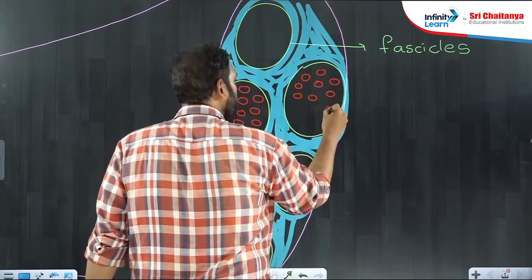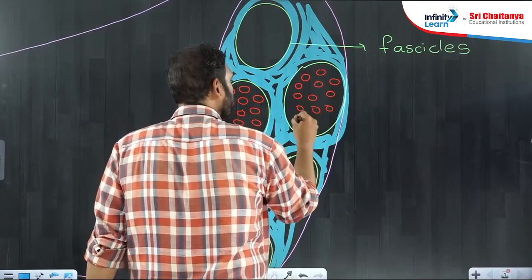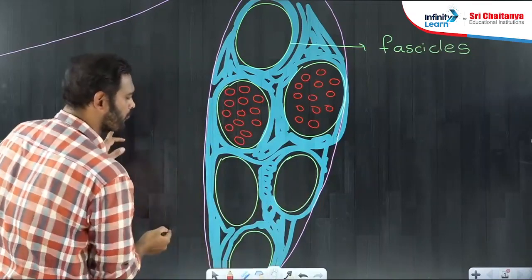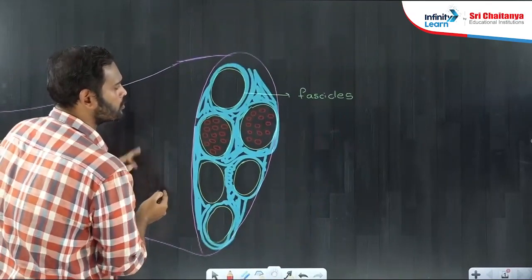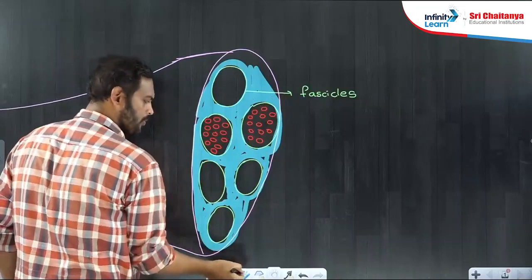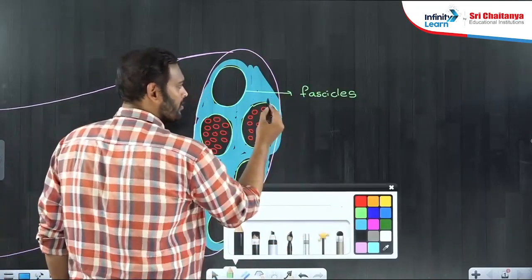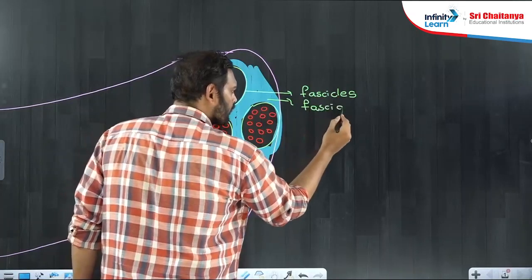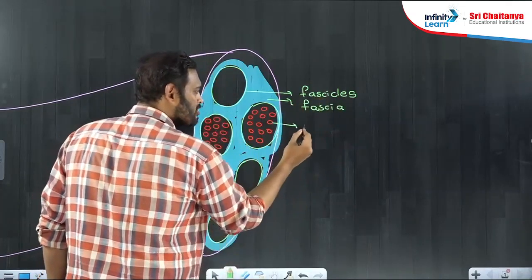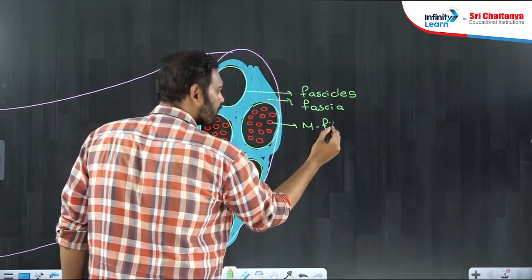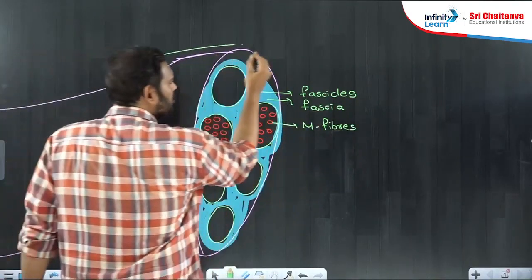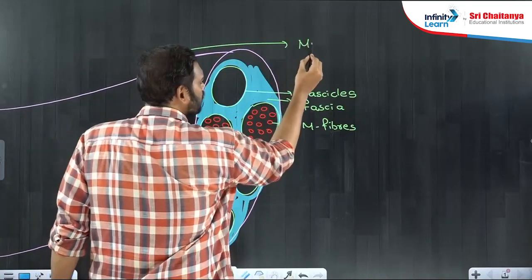Okay. Label it for me. So fascicles, then fascia, then muscle fibers. This entire thing was muscle.